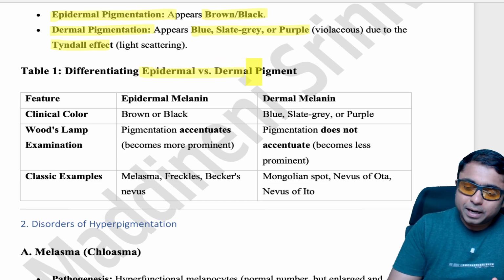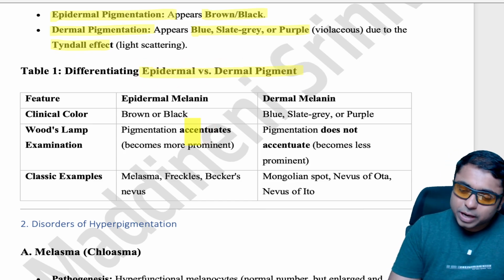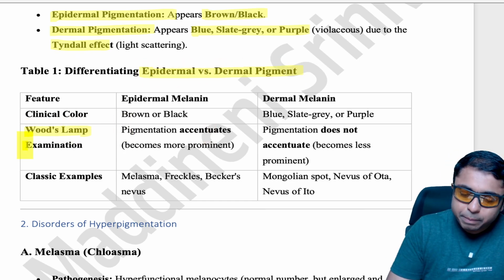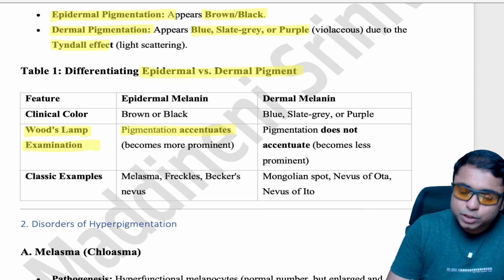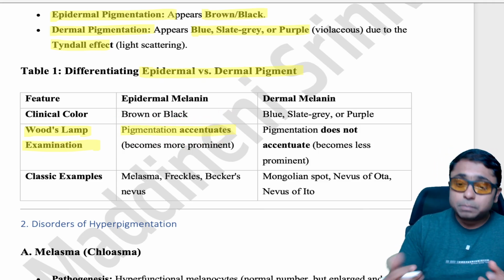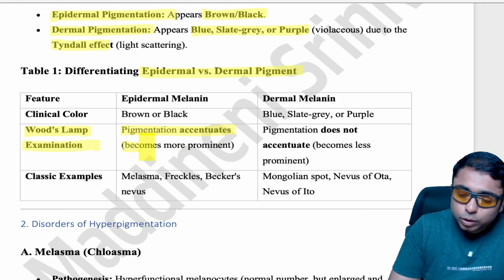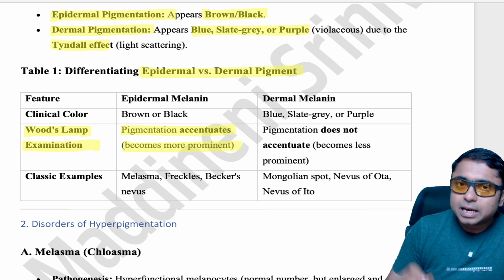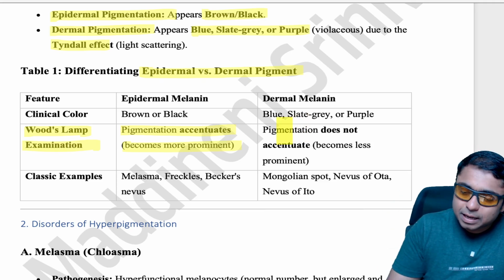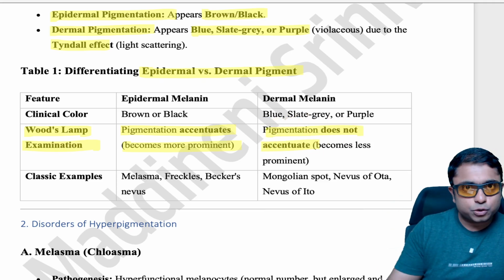Coming to the epidermal versus dermal pigment, we have already seen the color. On Wood's lamp examination, if the pigment is in the epidermis, then there is going to be accentuation, or the Wood's lamp light is going to show prominence when compared to the surrounding normal skin. Whereas if the pigment is at the dermis level, there is not going to be any such accentuation.